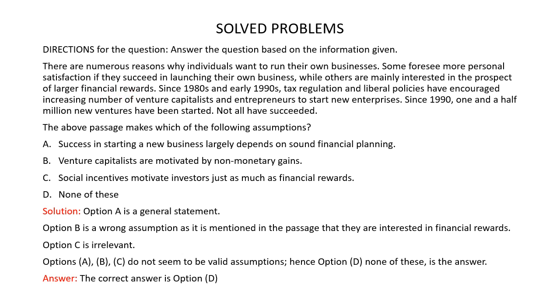Since the 1980s and the early 1990s, tax regulation and liberal policies have encouraged an increasing number of venture capitalists and entrepreneurs to start new enterprises. Since 1990, 1.5 million new ventures have been started. Not all have succeeded. The above passage makes which of the following assumptions?